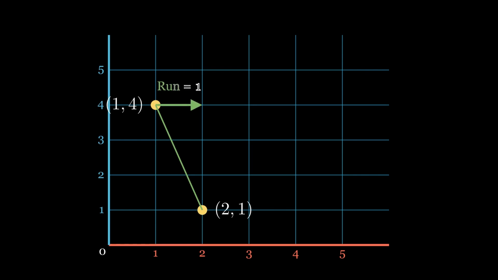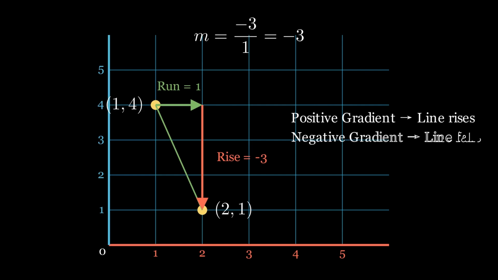Did you notice that? This indicates a negative gradient or negative slope. The rise is negative because the movement is downward. So whenever a line falls from left to right, its gradient is negative.